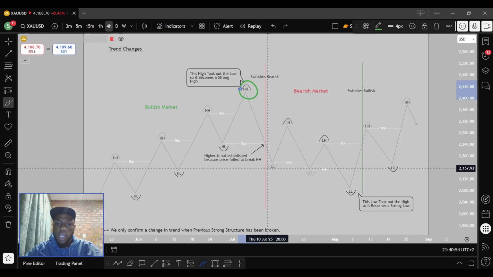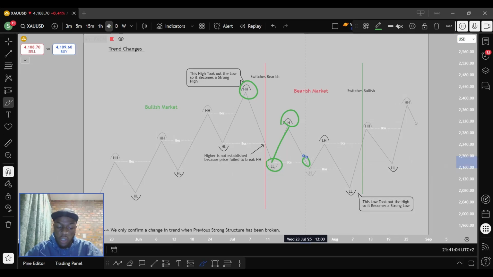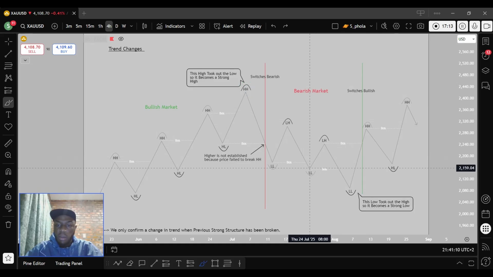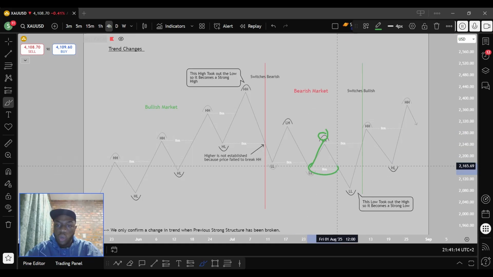Which means that now we're going to have a strong high and a lower low, then get our pullback, then a strong high, which leads to our break of structure. You understand? Then we get a pullback, then a strong high, which leads to our break of structure.